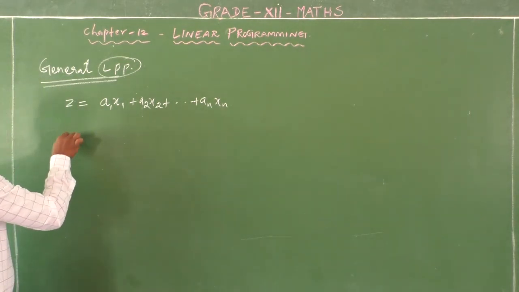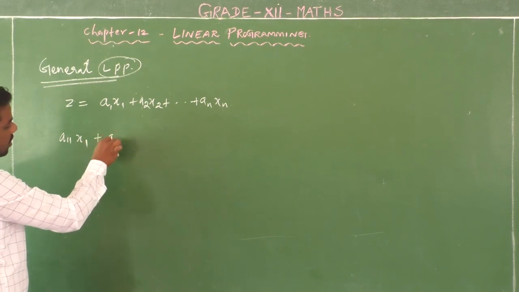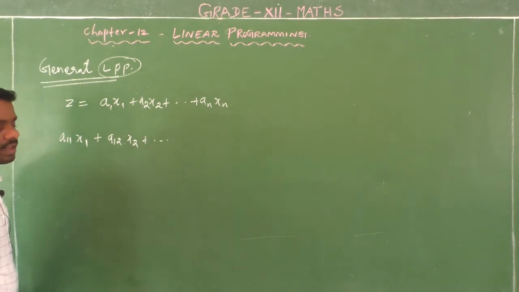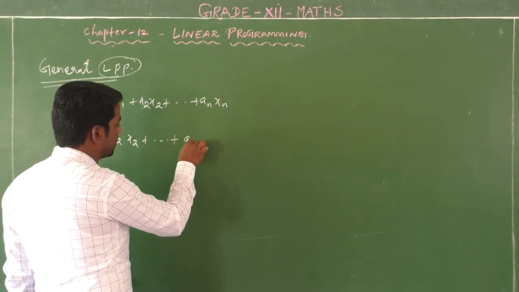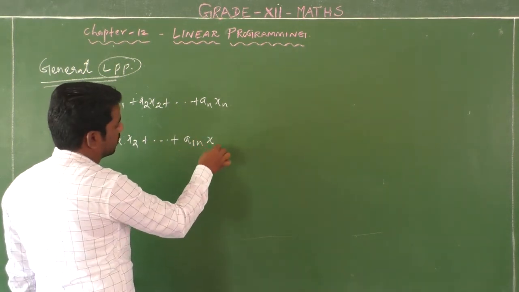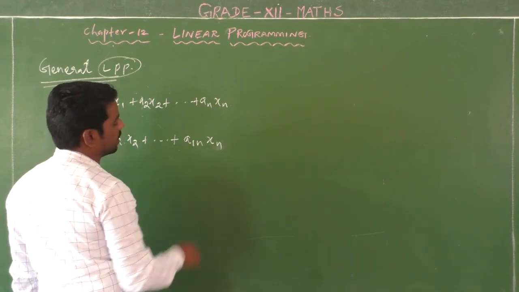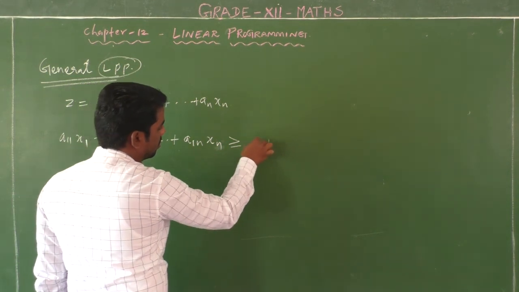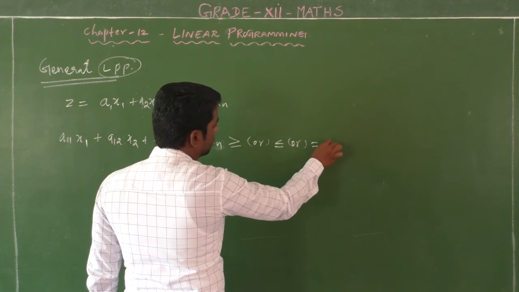And a11 x1 plus a12 x2 plus and so on, plus a1n xn is greater than or equal to, or less than or equal to, or equal to b1.